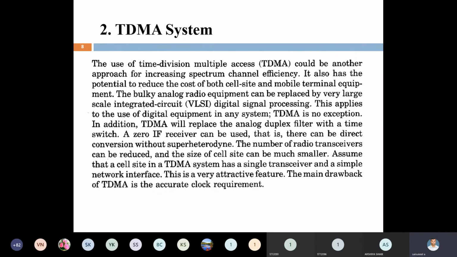Here in the TDMA system, a single antenna works as both transmitter and receiver, that is, a transceiver, with simple network interference. But there is a single main drawback in the TDMA system: TDMA requires an accurate clock.